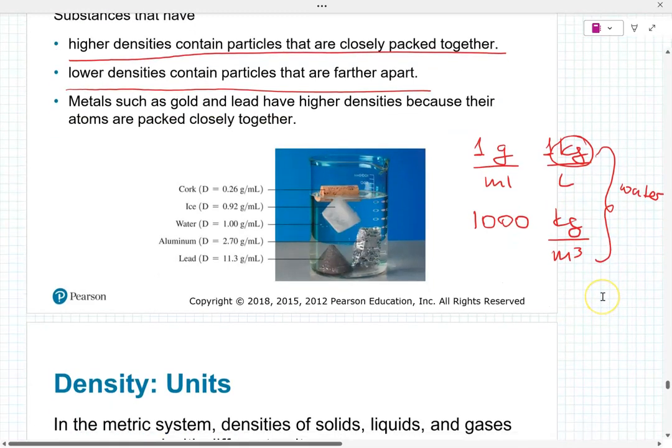For example, if you have a pot full of water and you take a piece of meat and throw it in, is it going to sink or is it going to float? It's going to sink because the density of muscle is slightly greater than the density of water. Now you take pure fat, float, because the density of fat is lower.